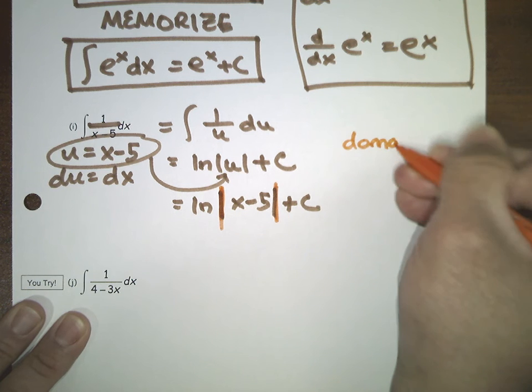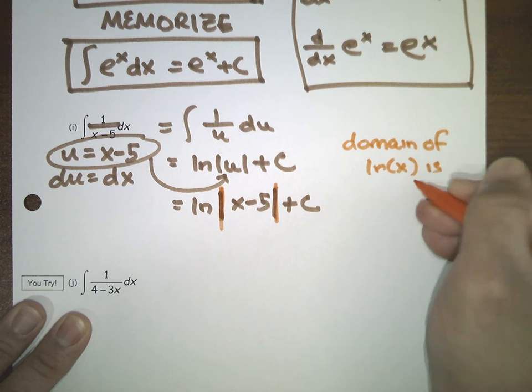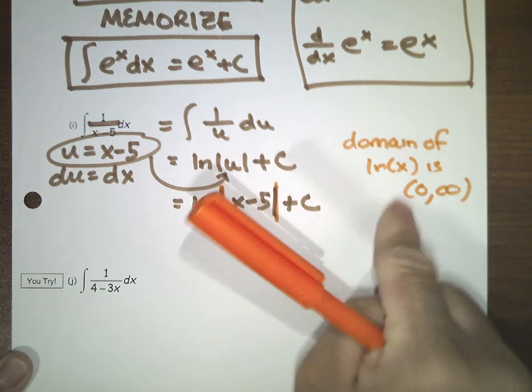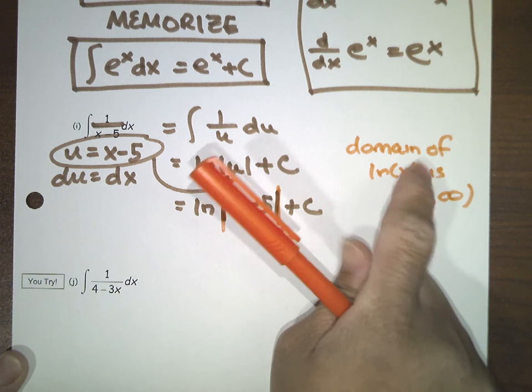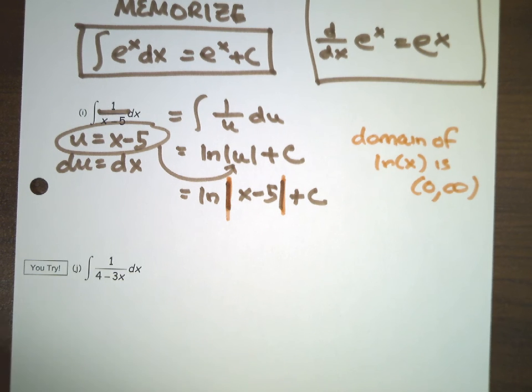The domain of natural log of x is 0 to infinity. So we want to make sure that whatever value we're taking the natural log of is a positive value. All right, so just remember that as well.